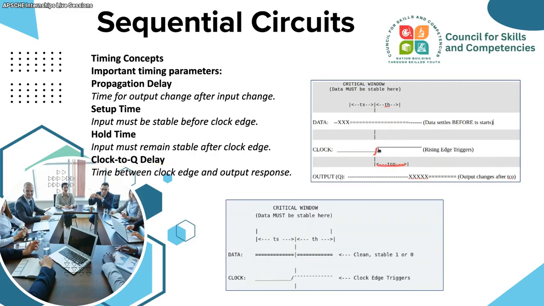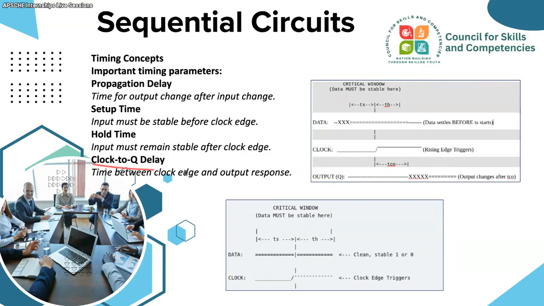After the clock edge, the output also needs some time to stabilize. Whatever effect it takes, it needs some time. You see, till T0 there is no effect on the output. So the output changes after some T0 time. That is the thing you want to understand.